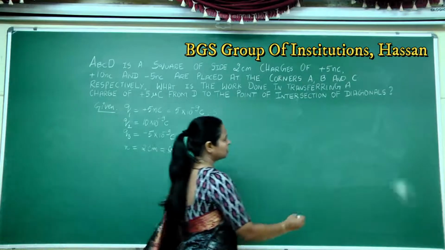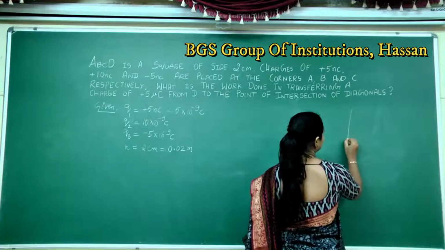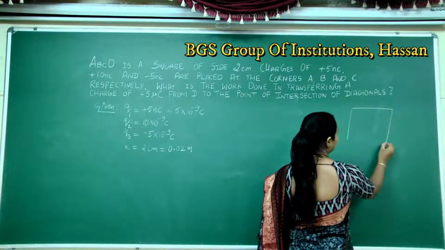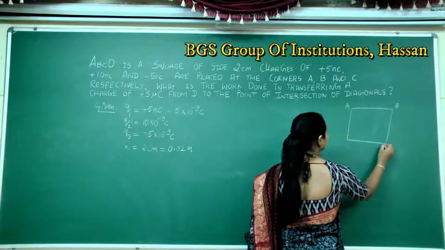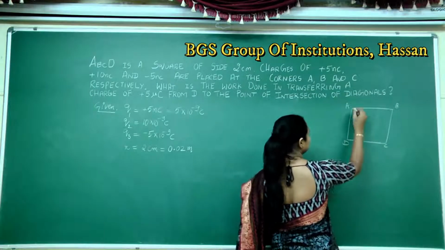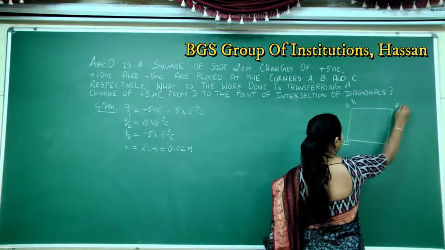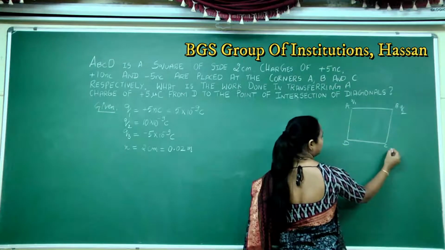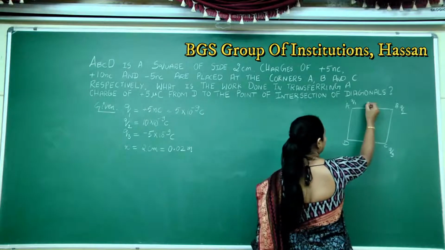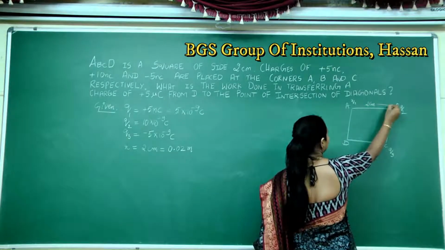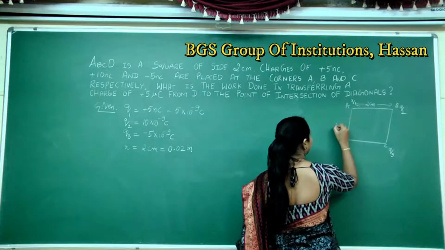Now draw the diagram. Draw a square. Say AB, CD, A, Q1, B, Q2, C, Q3, and the side is 2 centimeter.